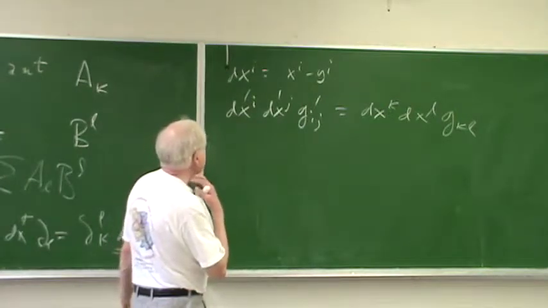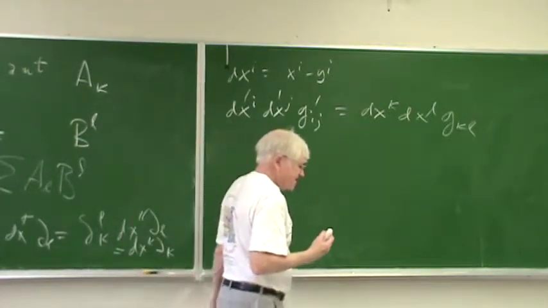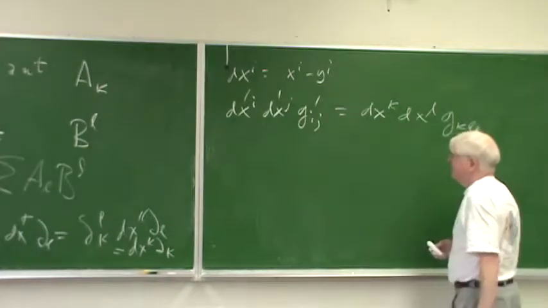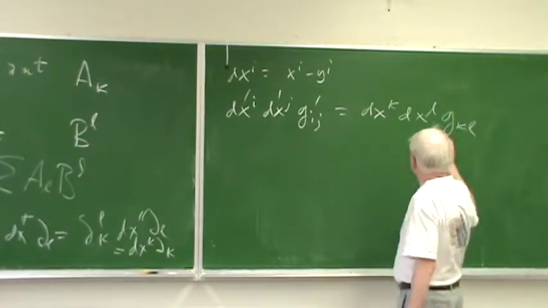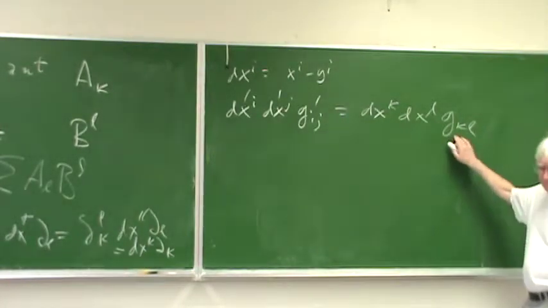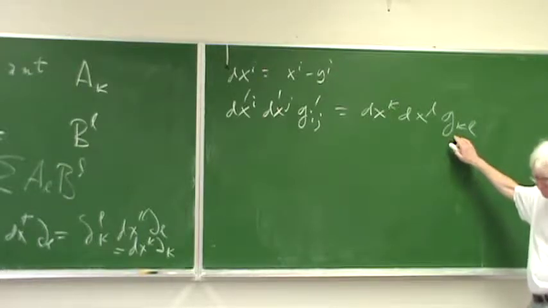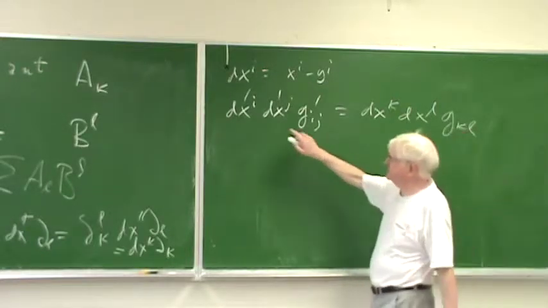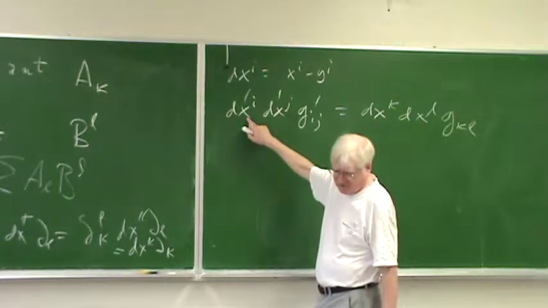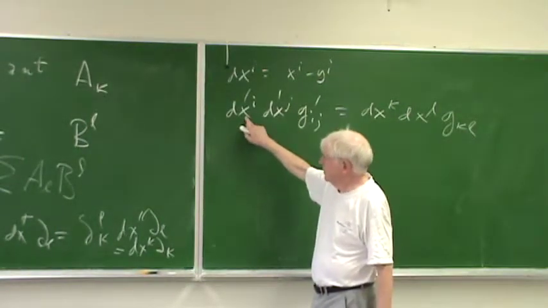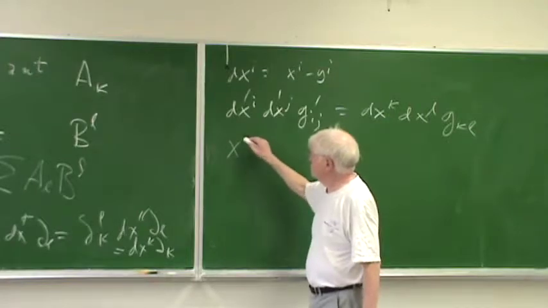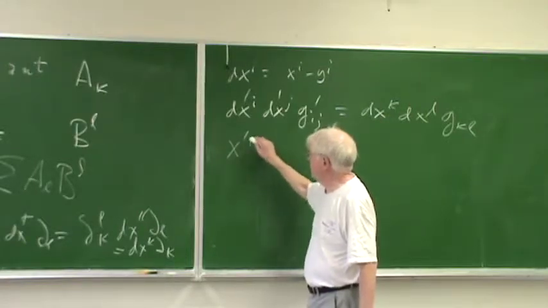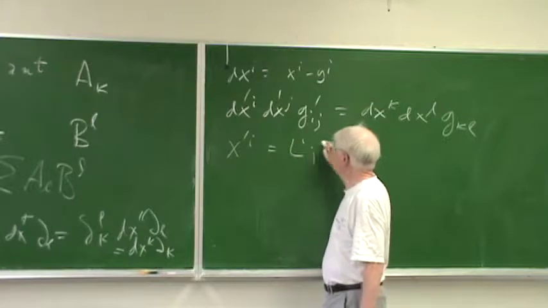And there, the idea is that space is flat, and so this g is a constant. And in fact, the dx's, we don't need to talk about differentials because we're talking only about transformations that are of the form x prime i is Lij xj.